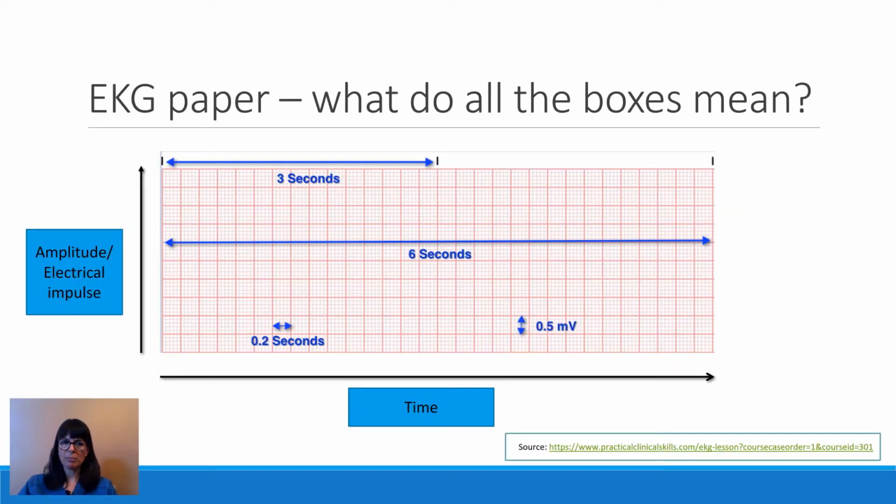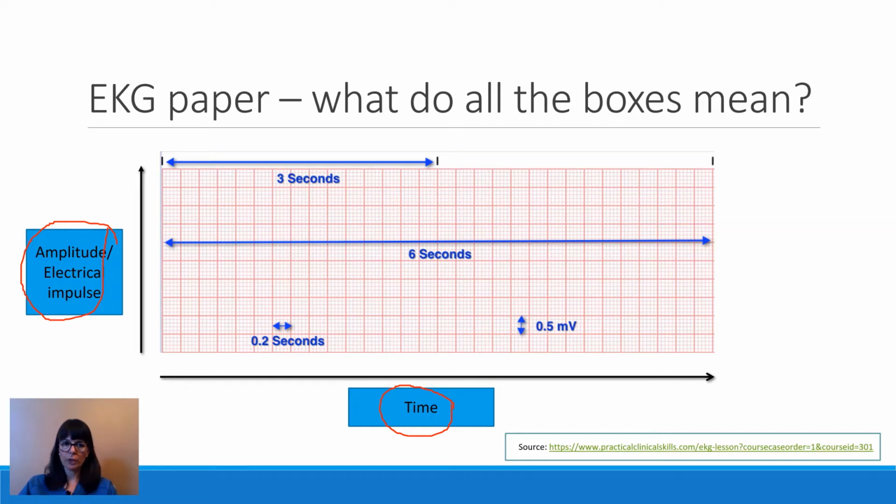So the EKG paper, if you've seen it before, has a lot of different boxes on it. These boxes help us to measure the amplitude of the electrical impulse as well as time. Here on the x-axis we have time, and on the y-axis the amplitude or electrical impulse.